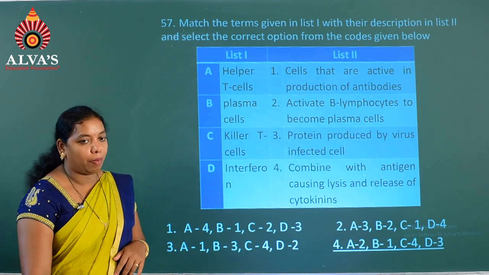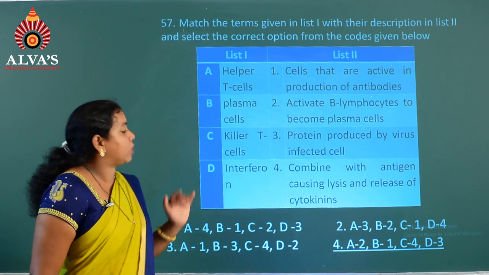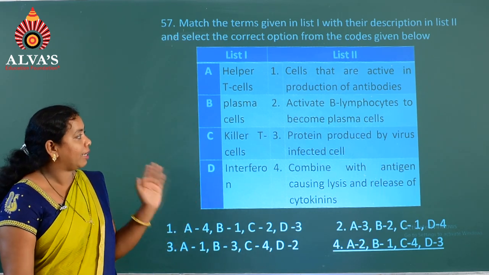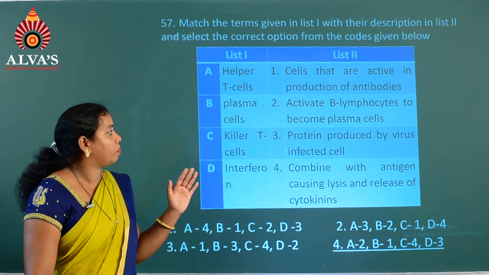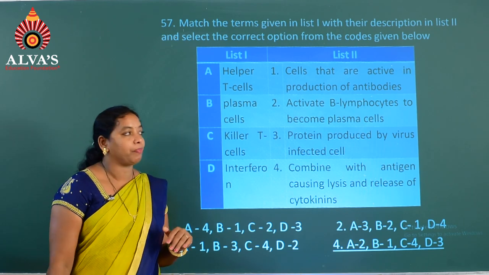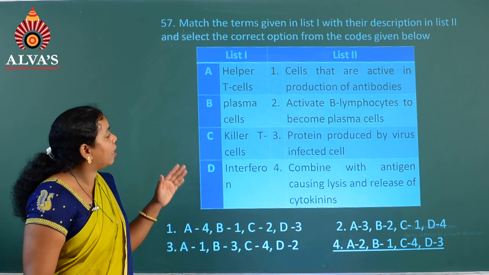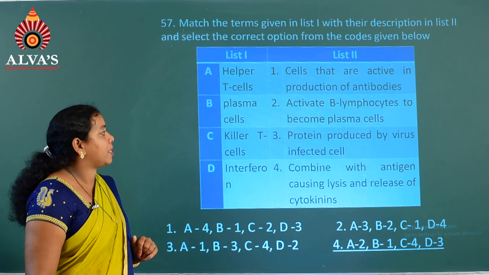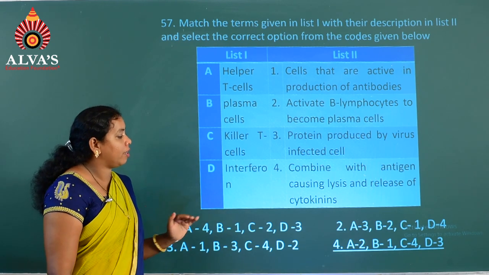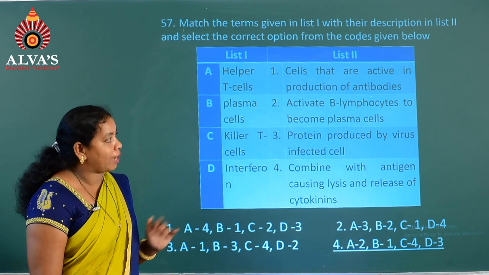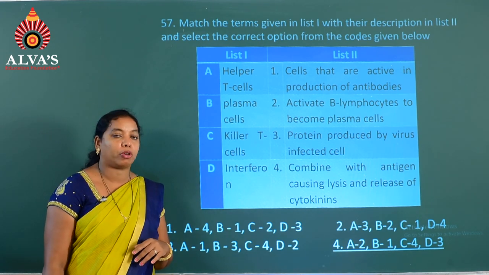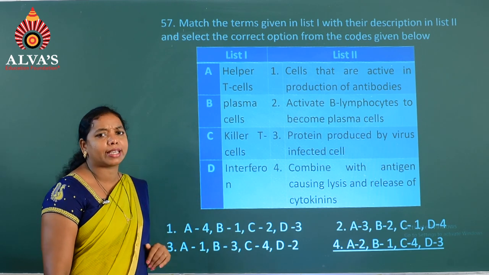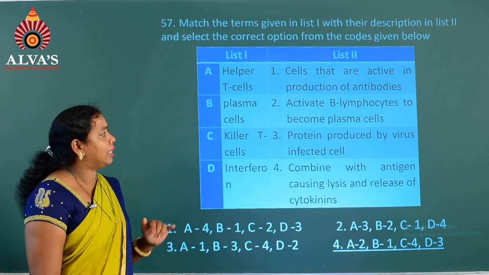So the first one, helper T cells. For helper T cells the correct answer is that they activate B lymphocytes to become plasma cells. The second one, plasma cells, generally produce antibodies. That's why they are the cells that are active in production of antibodies. The third one is killer T cells, a type of T cells.